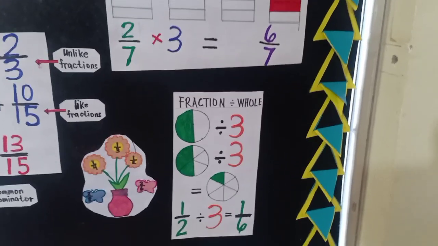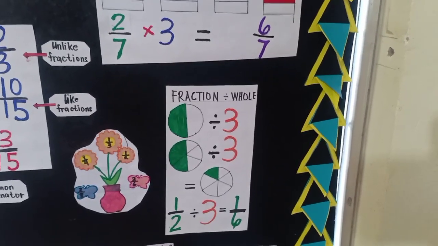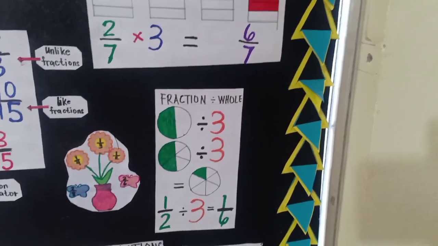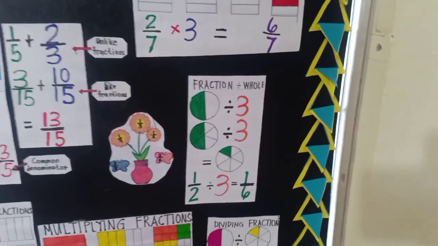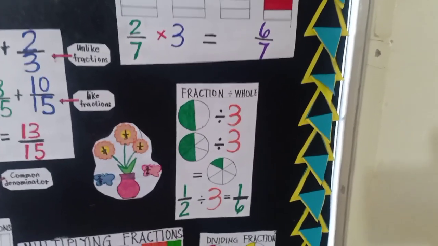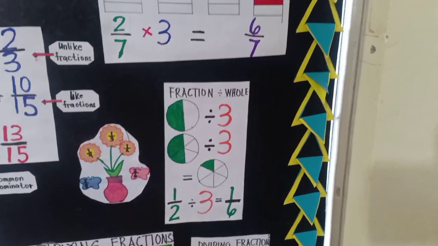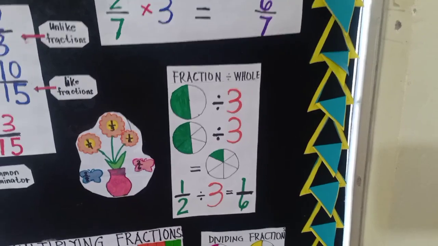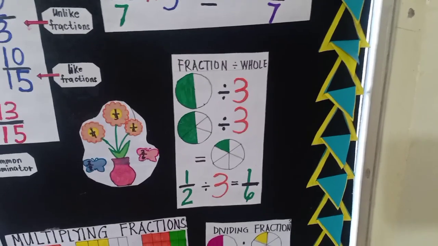And now, let's proceed with the fraction divided by a whole number. In dividing, we remember the 3 rules: to keep, to switch, and to flip. So, when we see keep, the first fraction here is 1/2, so we keep 1/2.